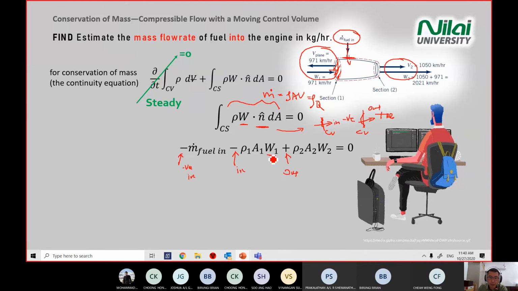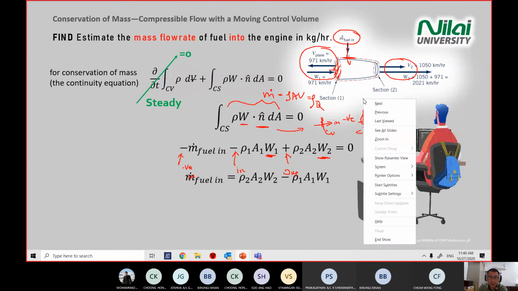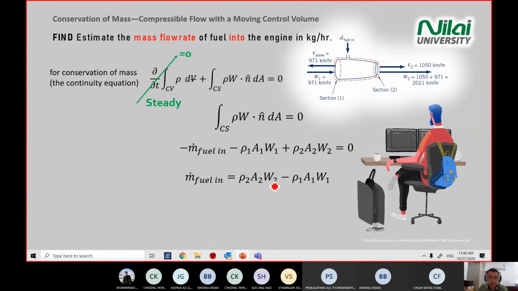And again, we no longer use V here, we use W. This is just a note to remind you what m dot is. Here we use W1, W2 because this is the moving control surface. So you rearrange because you want to find the mass flow rate m dot in, how much fuel was pumped into the engine.